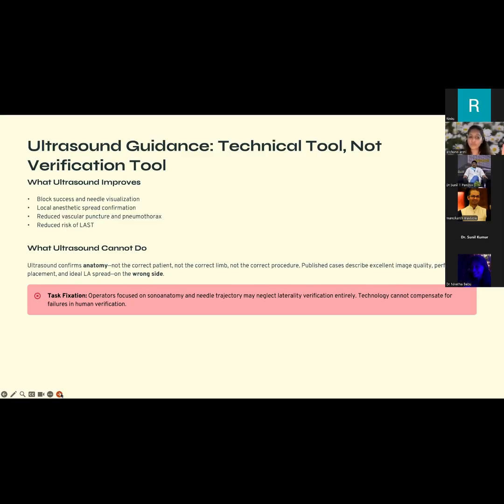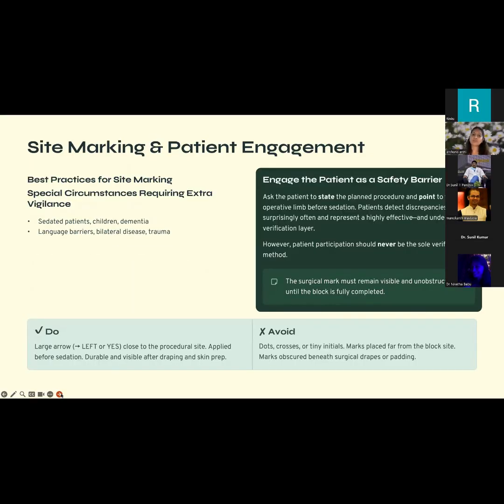Don't fixate yourself onto a simple task, but make sure that you clear the previous tasks before getting to the actual block itself. So site marking and patient engagement, a very simple way to do it: you hope that the surgeon has already marked the site before the patient comes to the OT itself.